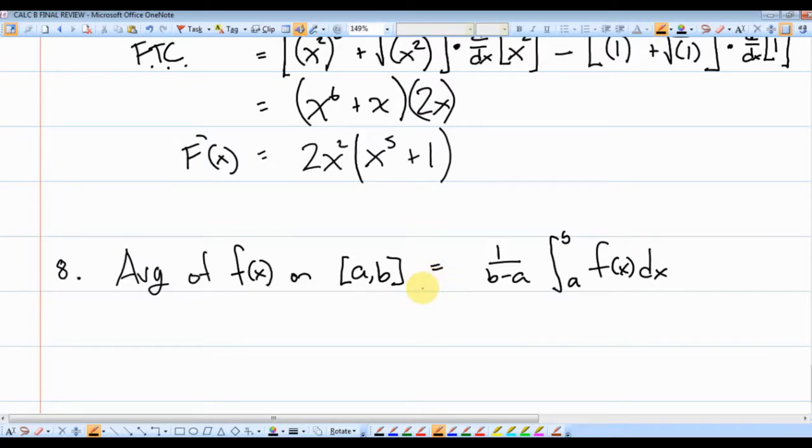Well, actually everybody uses it, but you don't really learn about it until calculus. So in our case, the average is going to be equal to, before we do the integral, 1 over 2 minus 0, times the integral from 0 to 2 of 3x squared minus 2.